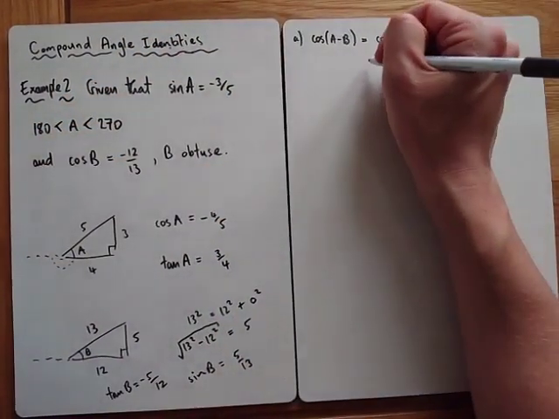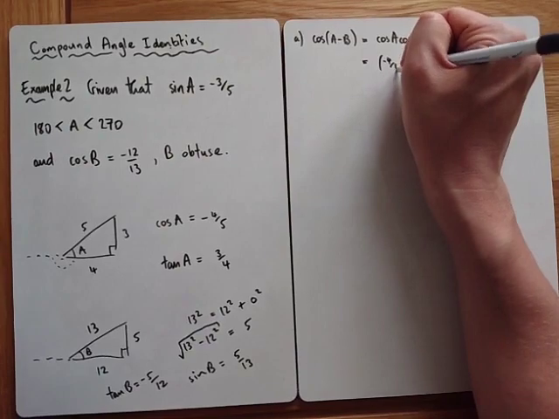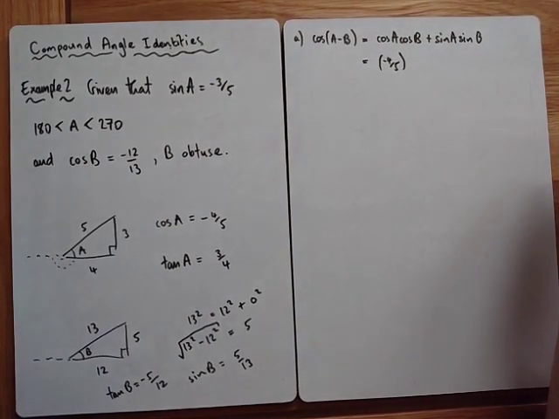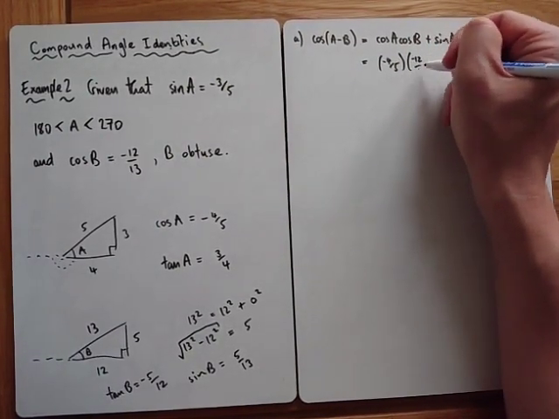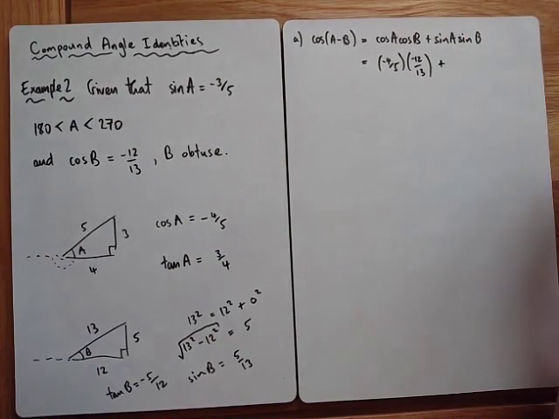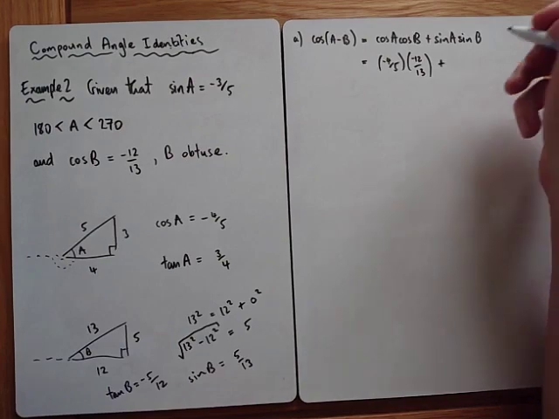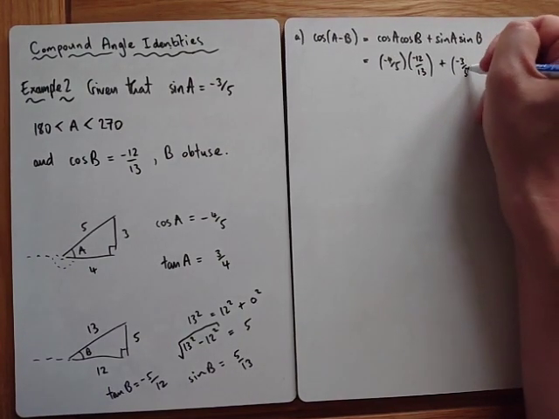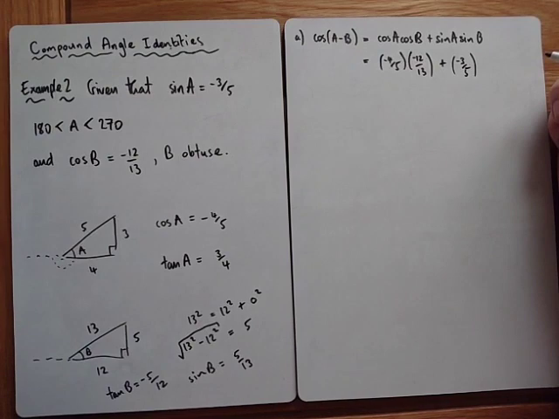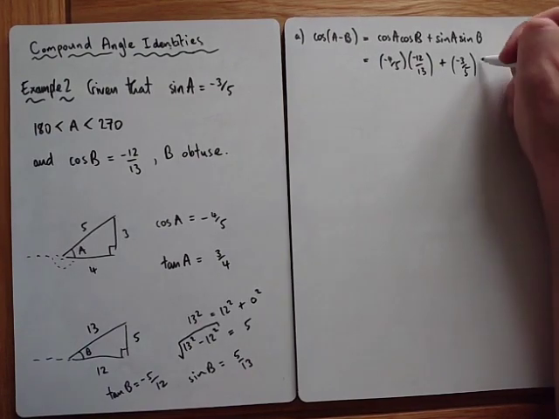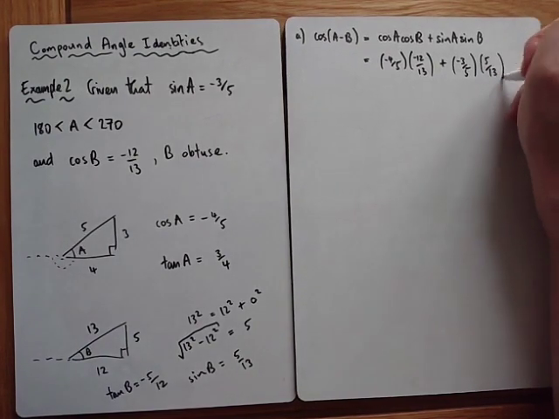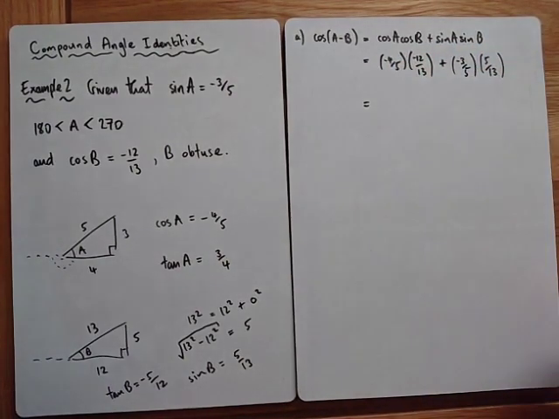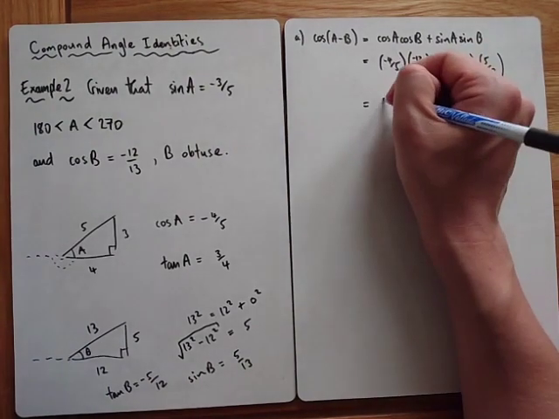So cos of A is minus 4 over 5. Cos of B is minus 12 over 13. Sin of A is minus 3 over 5. And sin of B is 5 over 13. Okay, use your calculator to work that out. We should end up with 33 over 65, I think.